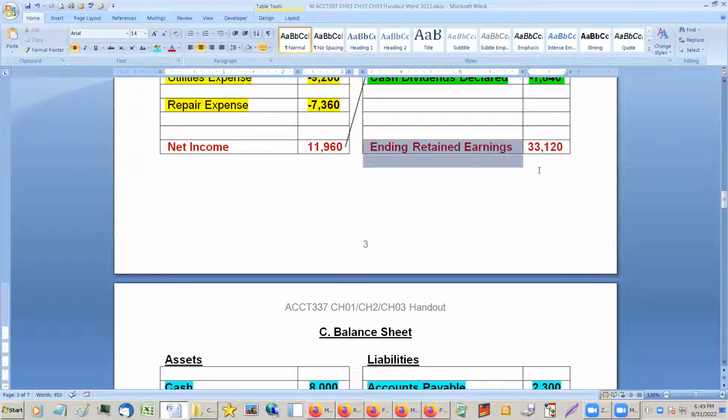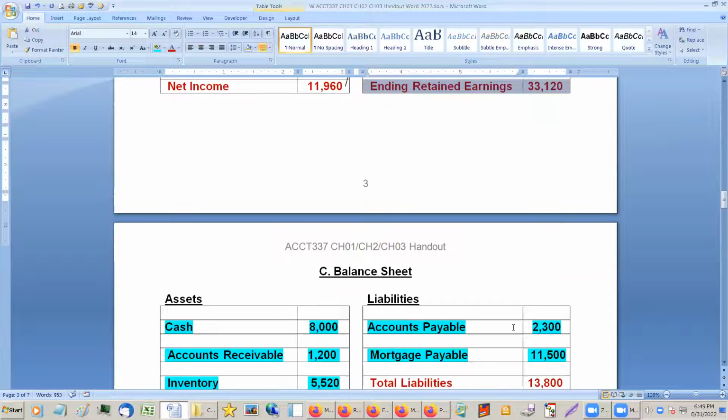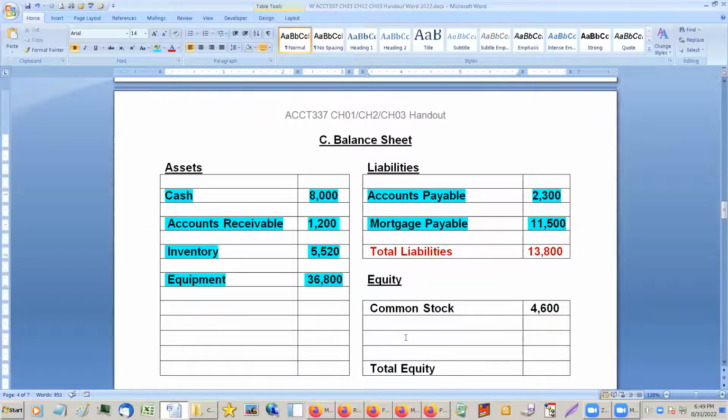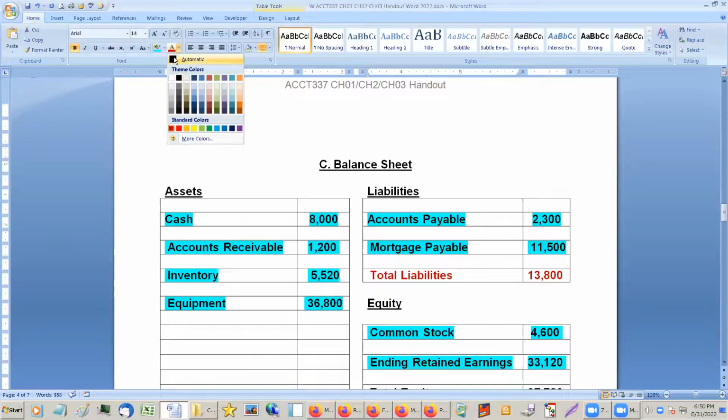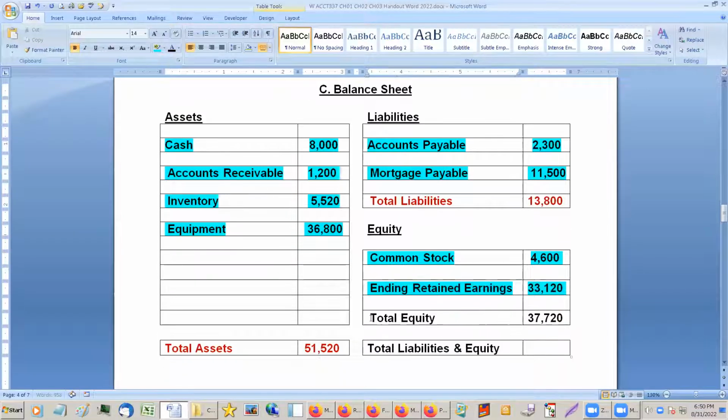Ending retained earnings, $3,120. And so this is the total equity.